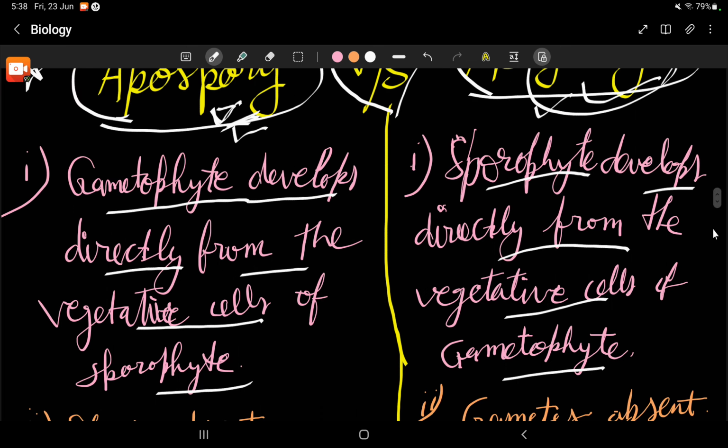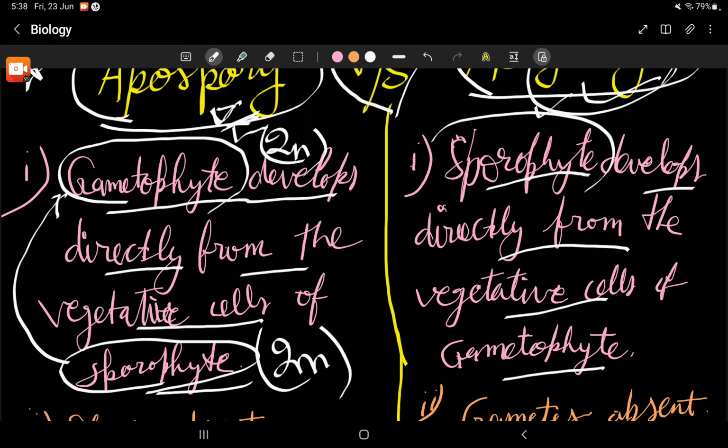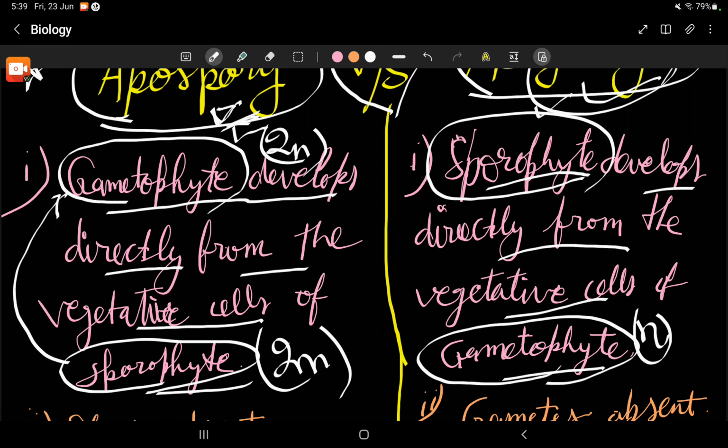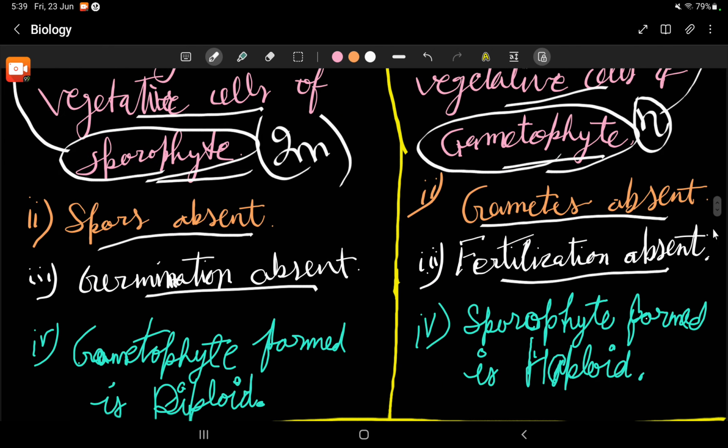So if the gametophyte develops from the diploid vegetative cells of the sporophyte, it will also be diploid, 2n, as there is no meiosis. In apogamy, the sporophyte is formed from the haploid gametophyte, so the sporophyte will also be haploid in nature because there is no fusion.